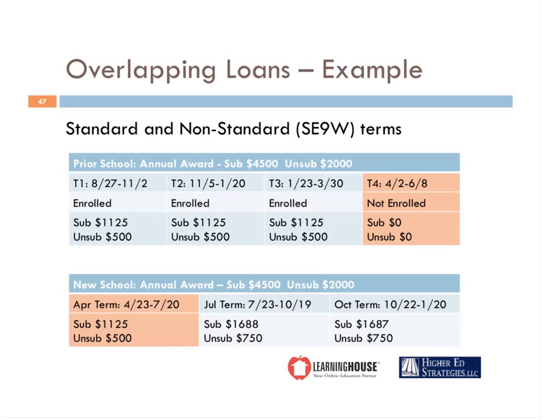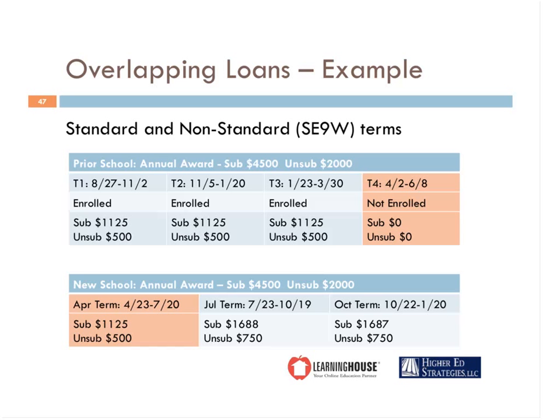Here's an example of overlapping loans, and you'll see it's a standard and non-standard term. You'll see in the first block there, the student attended a prior school, the annual award. This is how the student was awarded financial aid at that school. And so then they come and they start at your school, and this is where you would need to pay attention to what happened previously in that academic year.